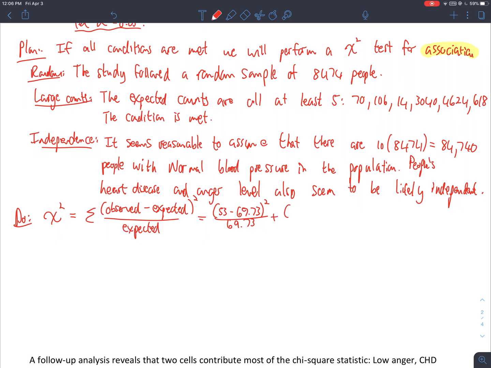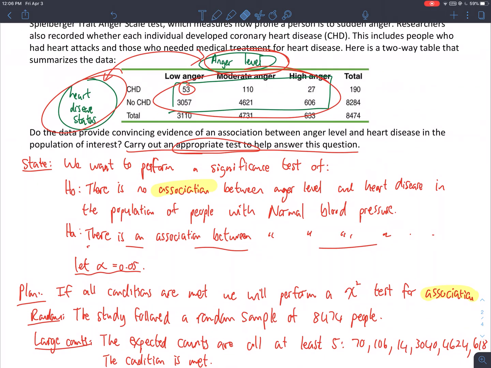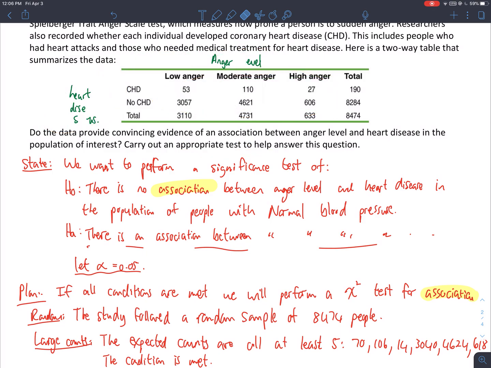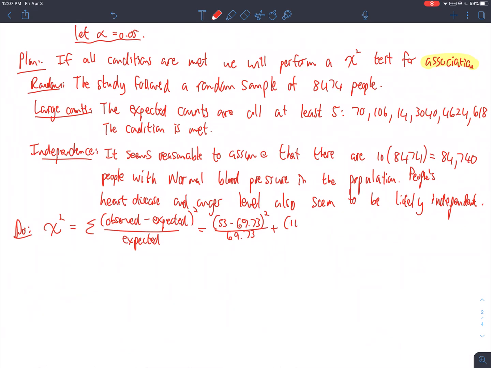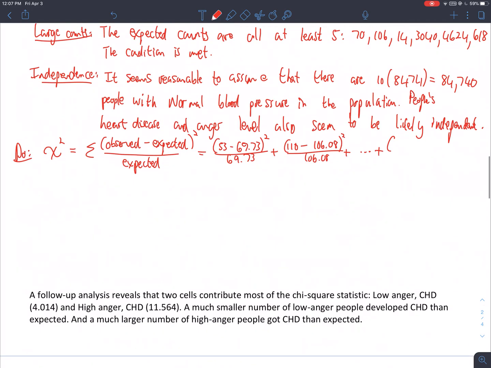Please remember our strategy here. You are not writing all 6 of those things down. Do 1, do 2, and then maybe do the last one. So 110 minus 106.08 squared over 106.08 plus ellipses plus, and then do the last one, which we said was 606. 606 minus my expected here, 618.81, squared over 618.81.